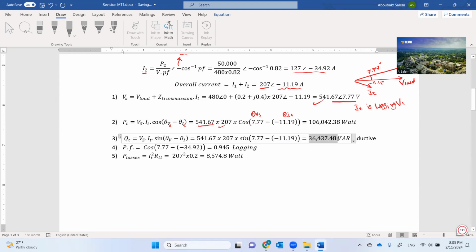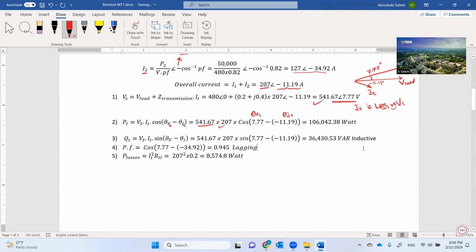And also, guys, in the same way, we need to calculate the reactive power. We repeat, and the only difference is replacing the cosine by sine. So as you can see here, V times I times sine theta V minus theta I. The value will be 36,430.53 volt-ampere reactive.